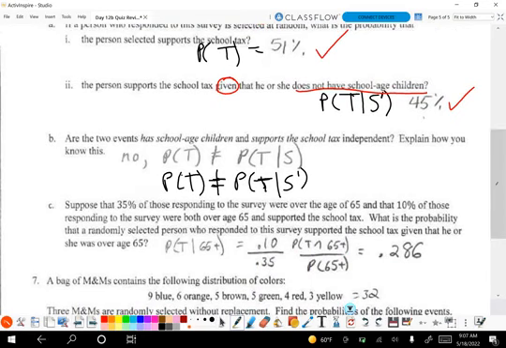For B, it says, are the events independent? Well, we're very fortunate because the questions above have us comparing the probability of supporting the tax versus the probability of supporting the tax given that I'm only looking at families with no school-age children.